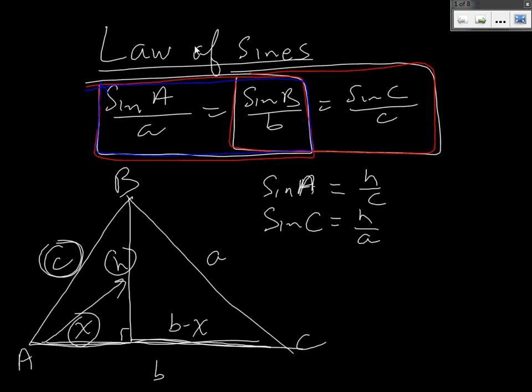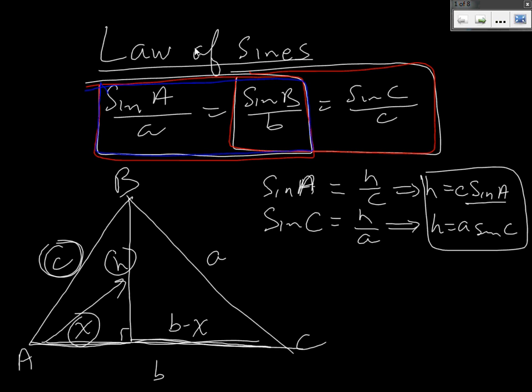So now, solving for h, h is equal to c sine A. And this tells me that h is a sine C. But since this and this both equal h, then these two things must be equal to one another.